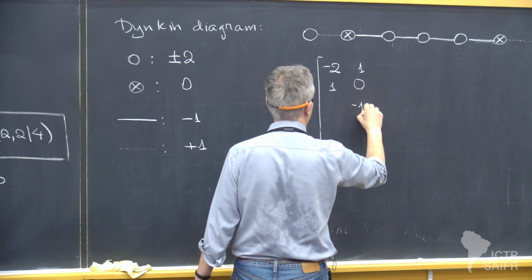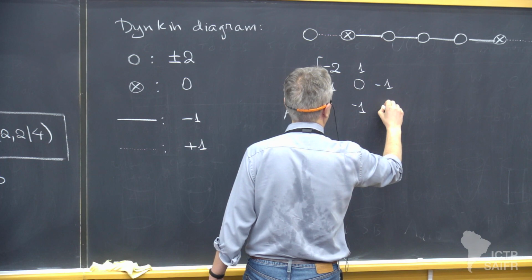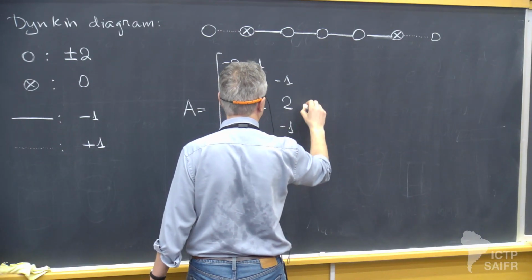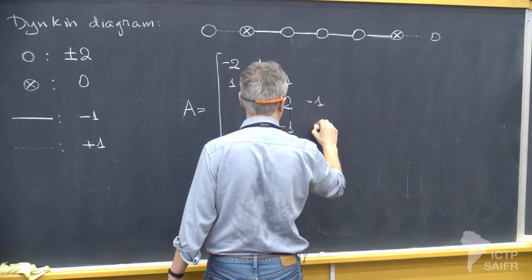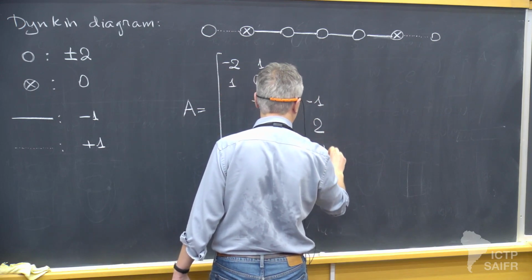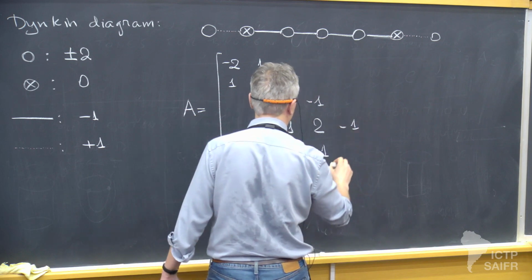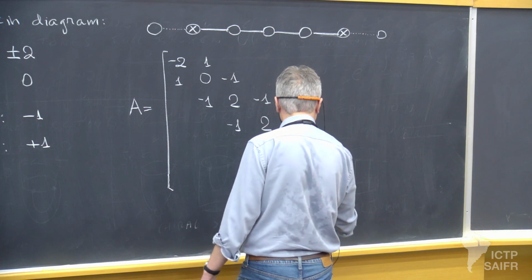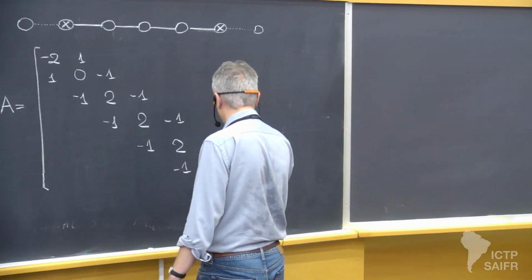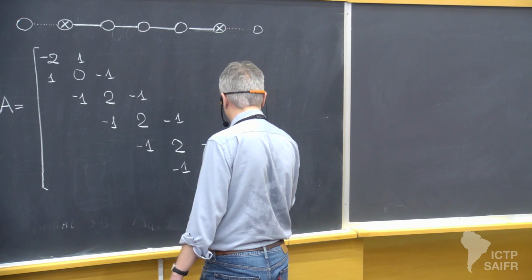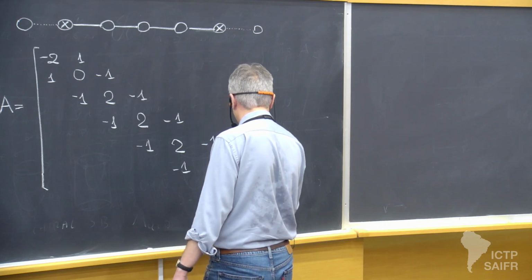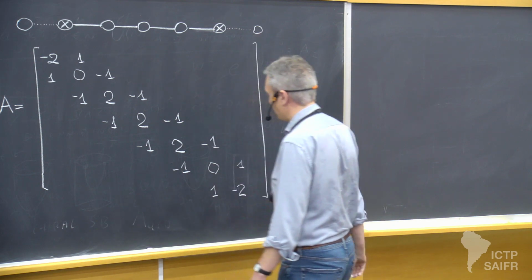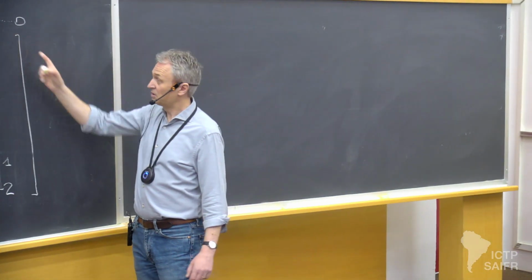Then the nature of the links changes, and then we get the usual SO(6) Dynkin diagram. So this is the matrix that corresponds to this picture.